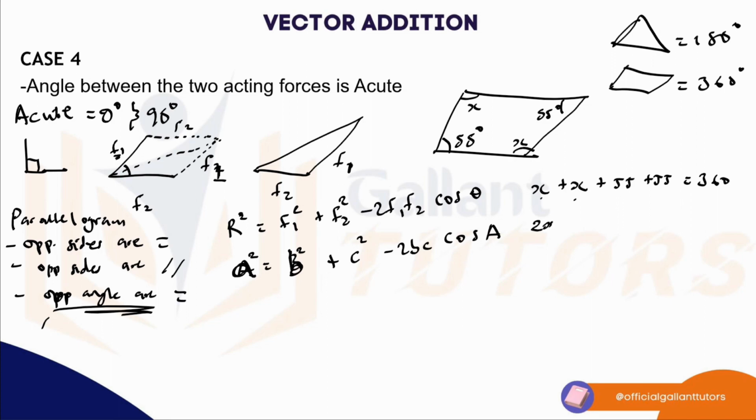x plus x is 2x. 55 plus 55 will give you 110, equals 360. So 2x is equal to 360 minus 110.